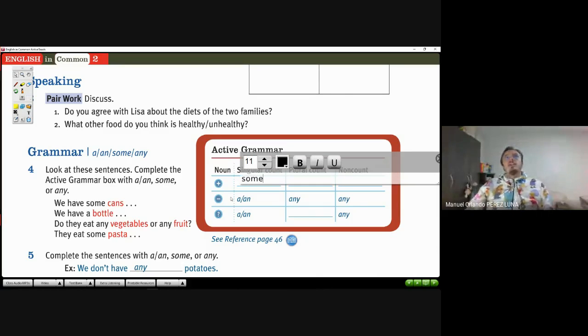In the negative sentences, we say a or an, and within the question we can ask with a or an. Okay, when we speak about the plural countable, how can we say in plural? A, some, or any? Some.